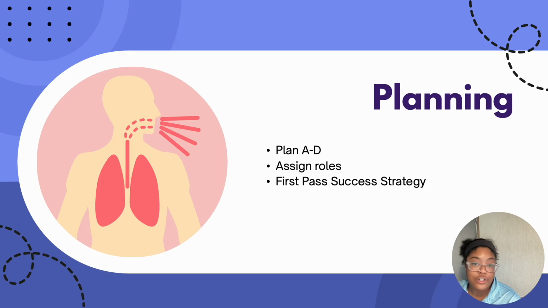Make sure there's no misunderstanding. Everybody understands exactly what they're supposed to be doing. Again, this is going to set yourself up for success, also making it so that you can have the best possible outcome for your patient.